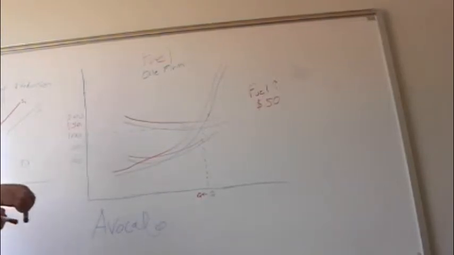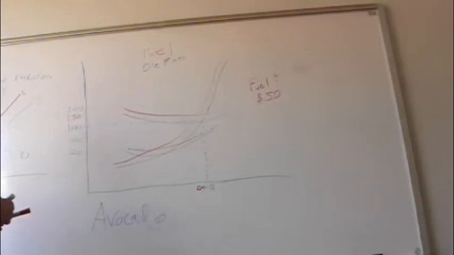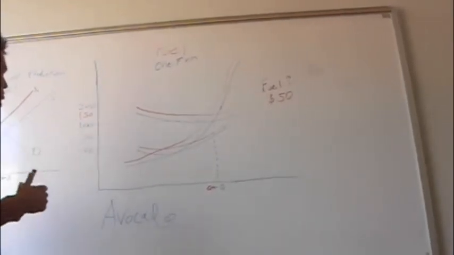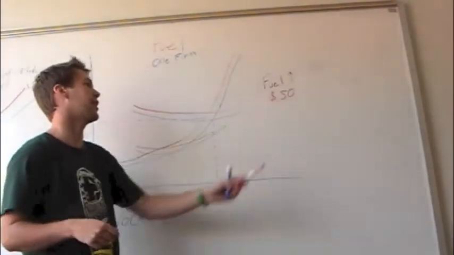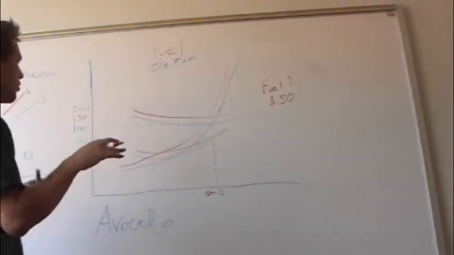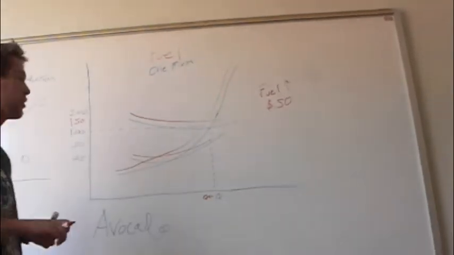In the long run, for avocados, say we had to change the market, we had a new fixed cost of fuel, we would have to adjust to the new market, which already had a 50-cent increase in fuel. So we would have to readjust our whole entire market, and we'd have to adjust it to the market of avocados.